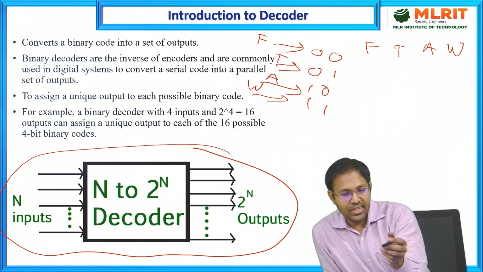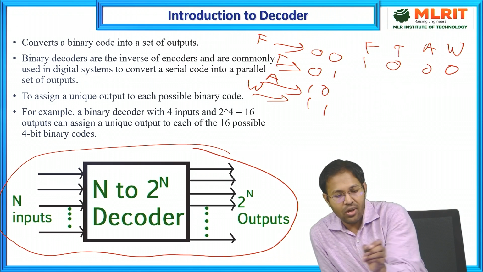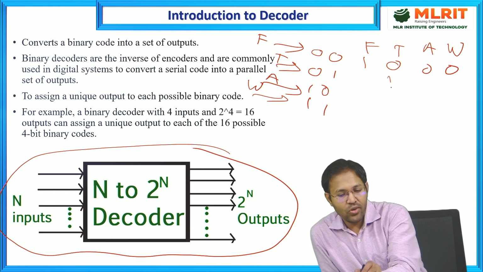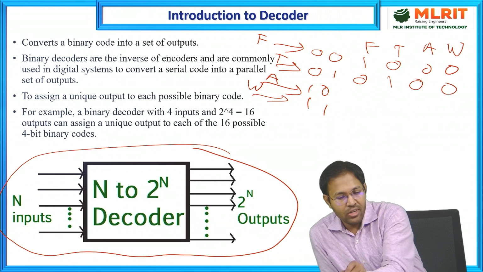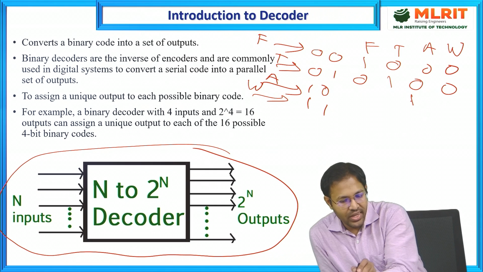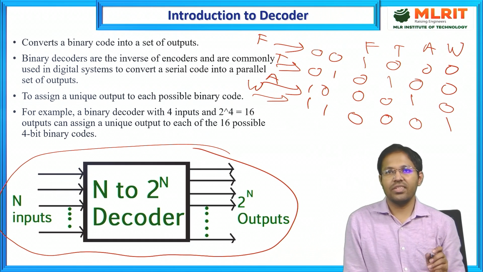In the first case you have 1, remaining all zeros, so you are only controlling the fan. Next, you are only controlling the tube light, so remaining all zeros. Third, you are controlling only the AC, so here 1, remaining all places zeros. Last case, you are only controlling the washing machine, remaining places zeros.